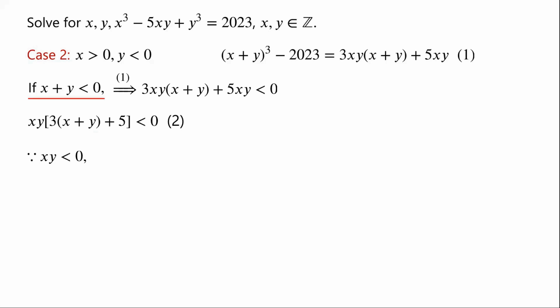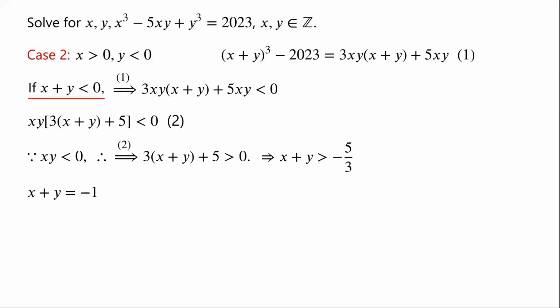Because x times y is less than 0, 3 times (x plus y), plus 5, must be greater than 0. That is, x plus y is greater than negative 5 over 3. Also because x plus y is less than 0, x plus y can only equal negative 1.